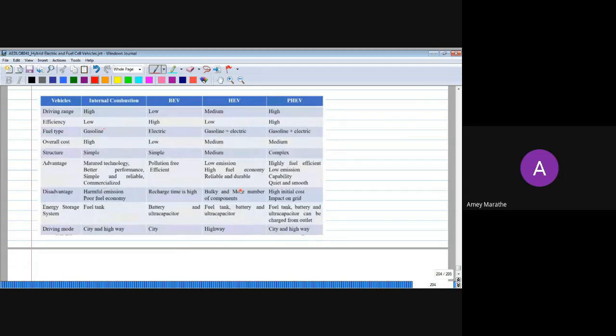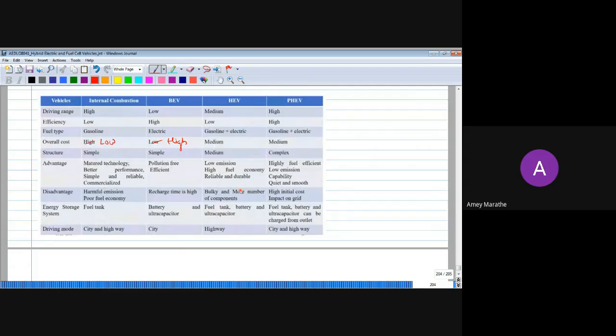Fuel type, gasoline, electric, gasoline plus electric, gasoline plus electric. Overall cost is very high. Actually, this should be the opposite. It is low, and this is high, and this is medium. So structure, it is simple, but plug-in hybrid, it is complex.